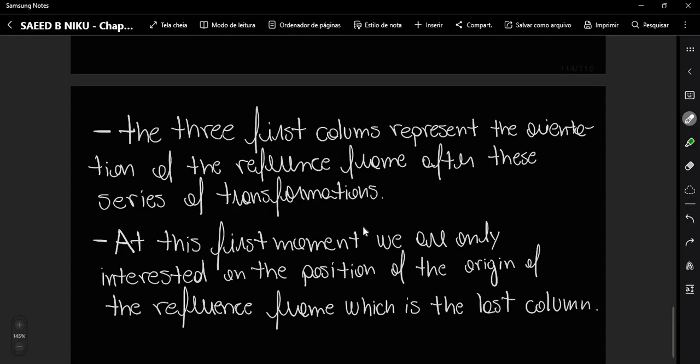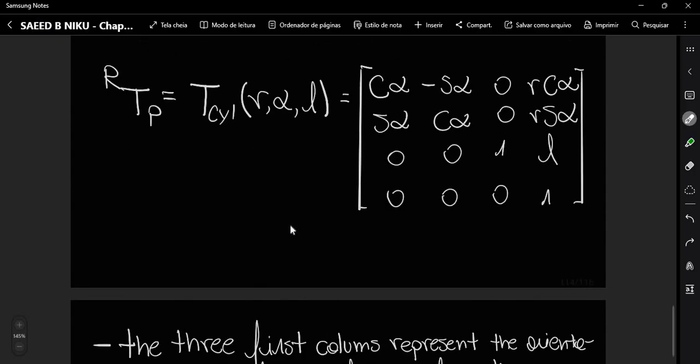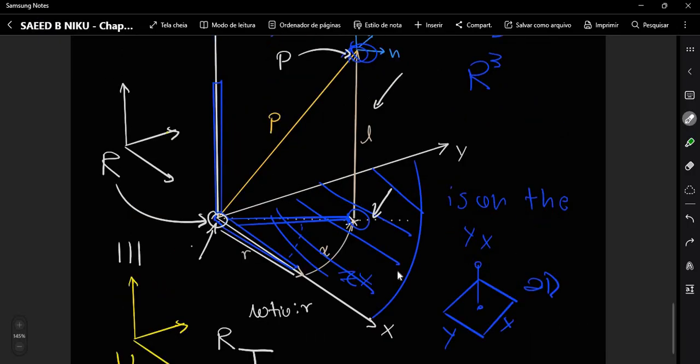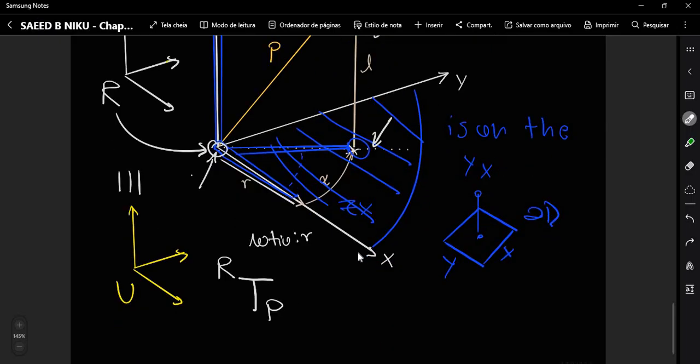This last video was the second part, and I want to release this third part, where we will do something very nice: after this series of transformations, how we can get to the origin where the end effector was before these transformations, or mathematically speaking, the position and the orientation of this point right here.